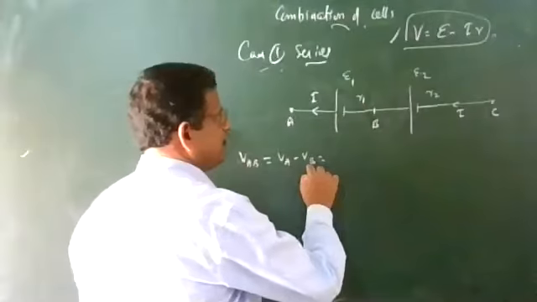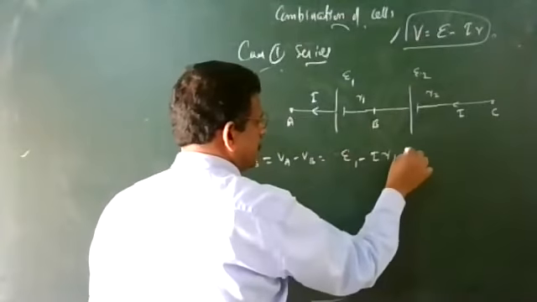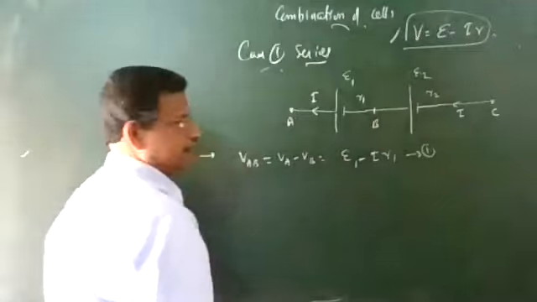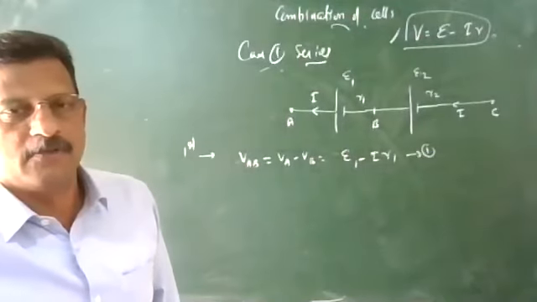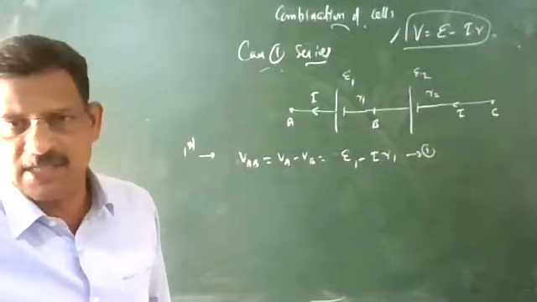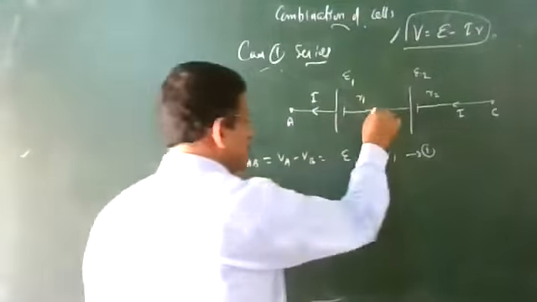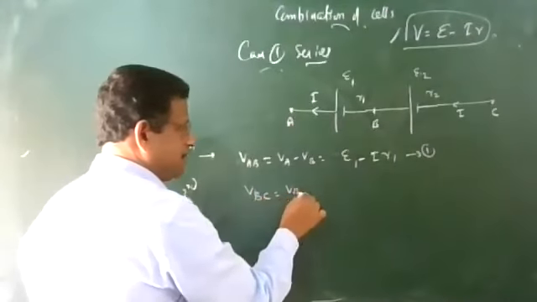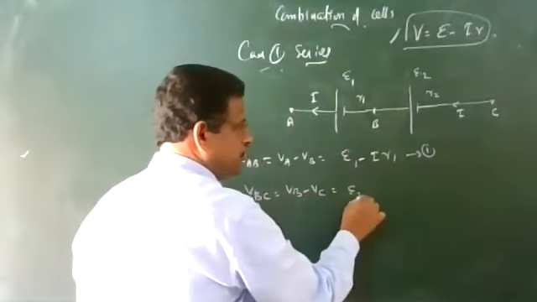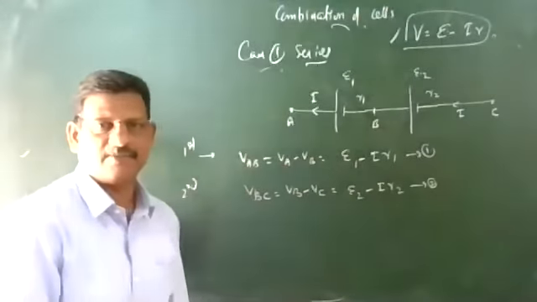So VA minus VB is equal to E1 minus I r1. The PD across the first cell is E1 minus I r1. Similarly, for the second cell connected between points B and C, the PD between B and C is VB minus VC equal to E2 minus I r2. That is for the second cell.